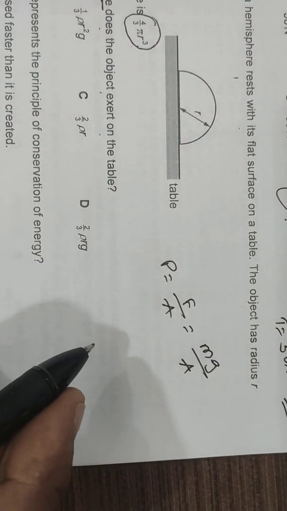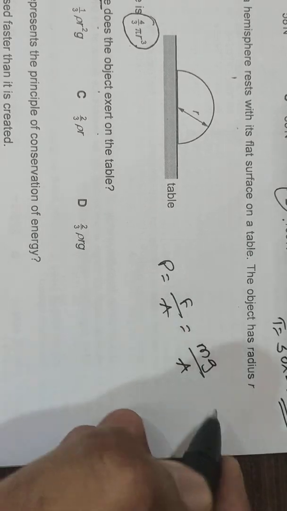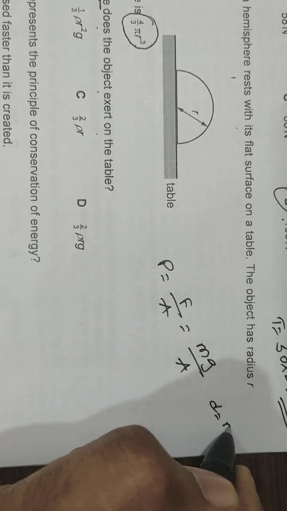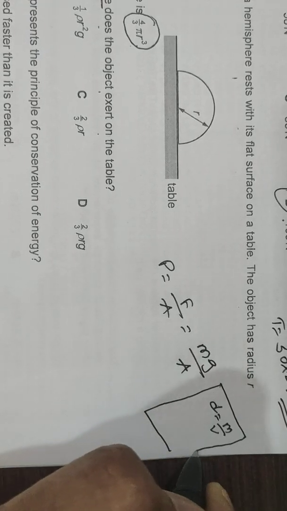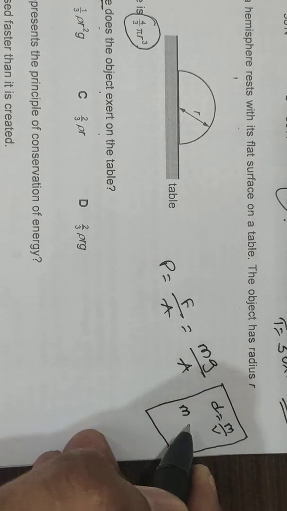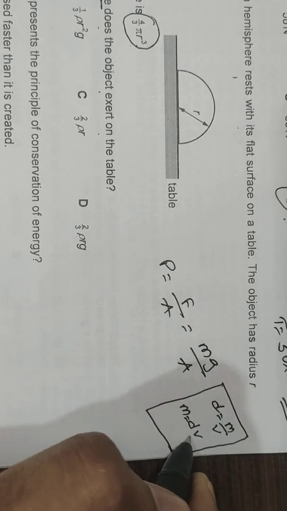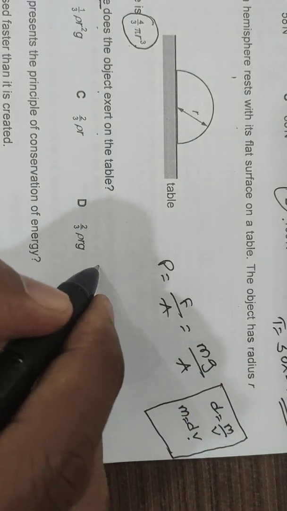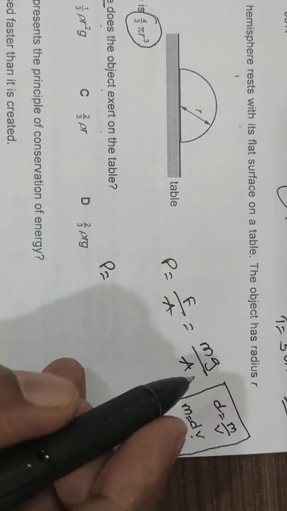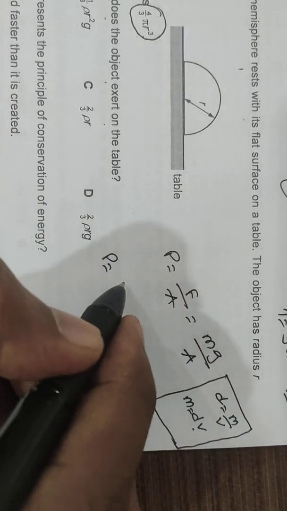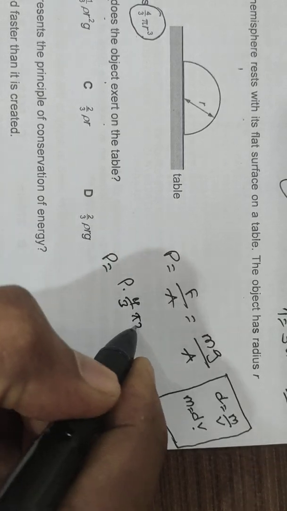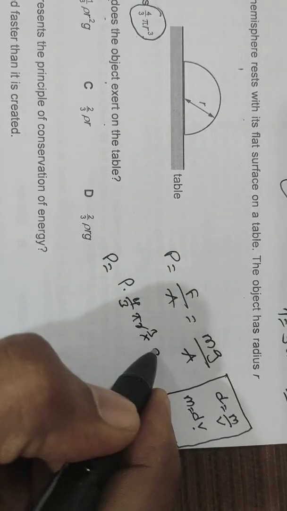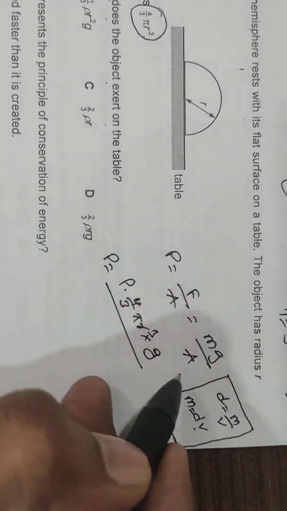Density is equal to mass over volume, right? So the mass is equal to density times volume. Put that density times volume here. So the pressure will be equal to density rho, times volume 4 over 3 pi r cubed, times g, divided by the area.